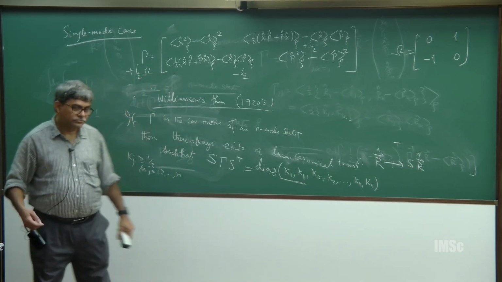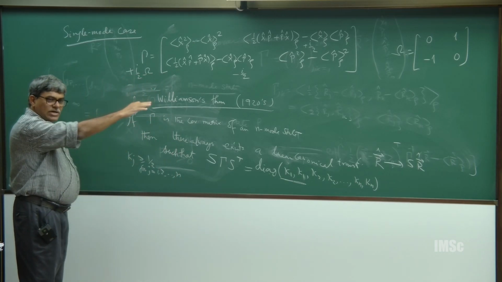And this kappa greater than or equal to half comes from the uncertainty, which I will show.